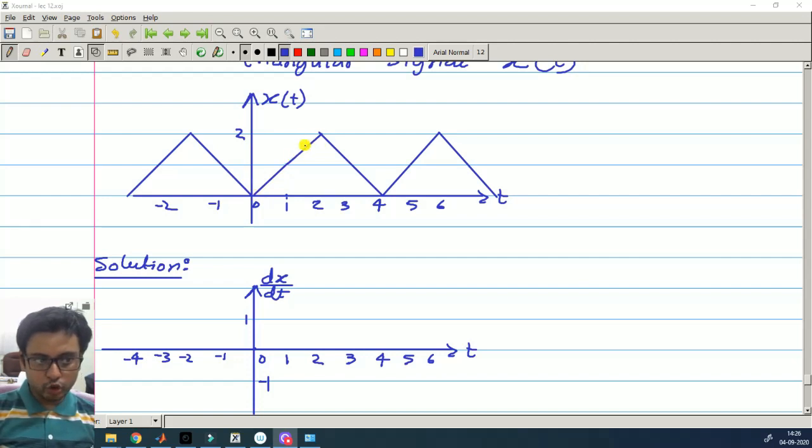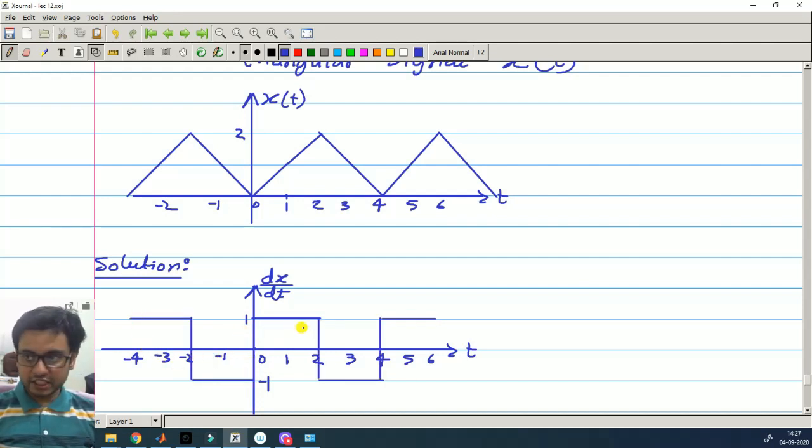Here the slope is 1, so time derivative will be constant 1. Then here it goes down with a slope of -1. Then again +1, and again here -1, and so on.